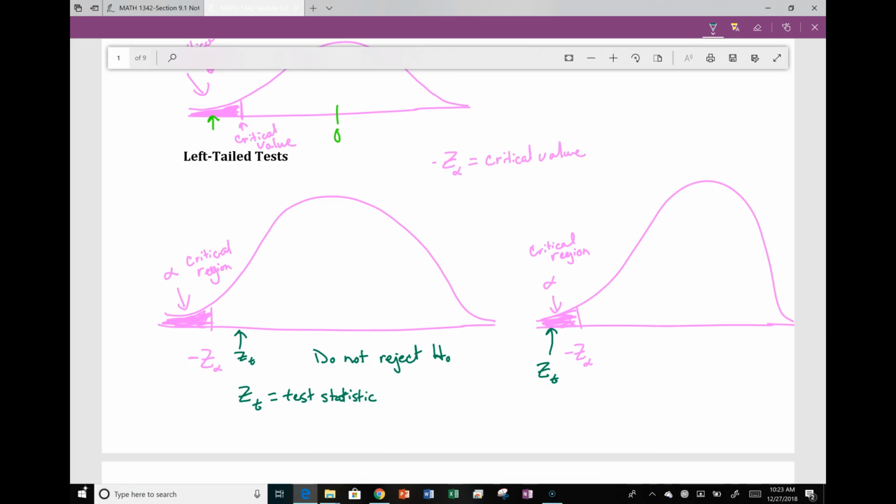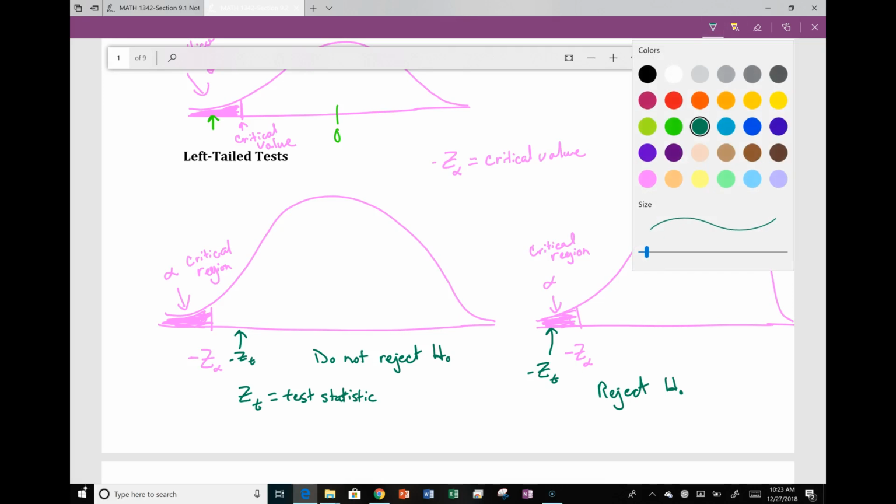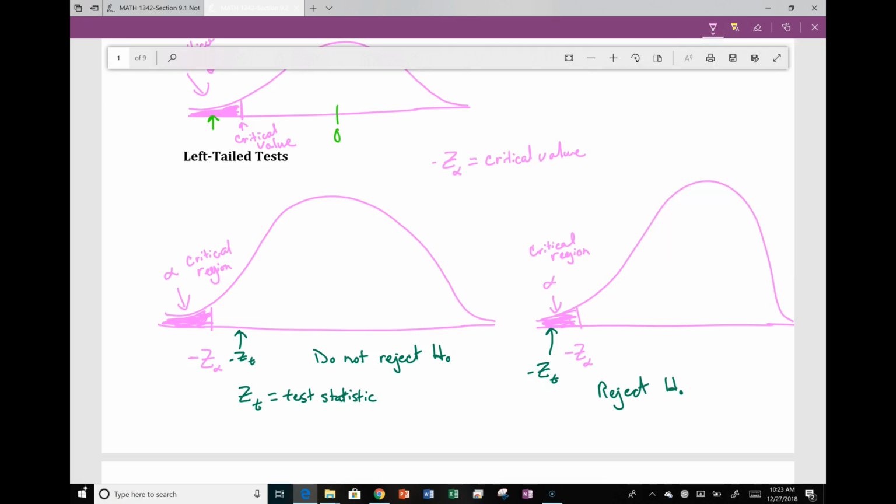So if it's not in the shaded region, do not reject the null hypothesis. If it is in the shaded region, then we will reject the null hypothesis. And obviously on these, they're probably negatives. They're probably on the same side of there and everything. It's just whatever value that our test statistic is. That is for a left-tailed test.